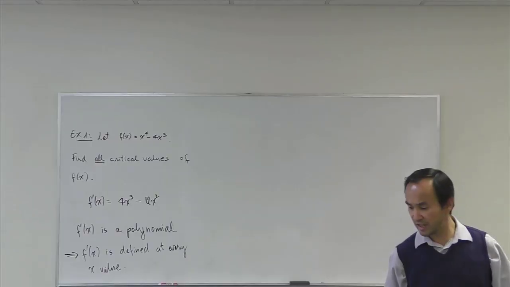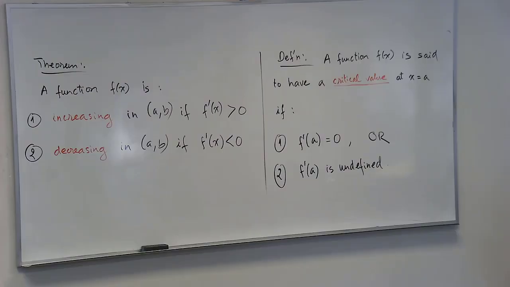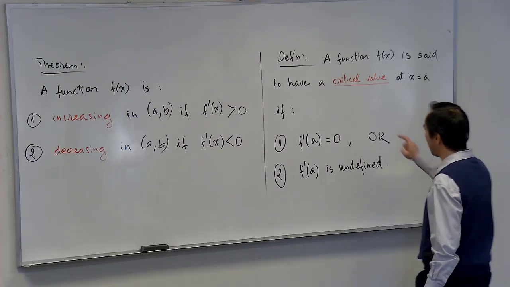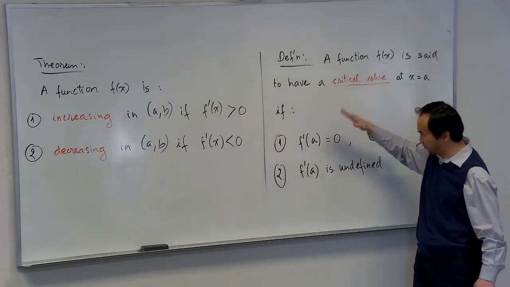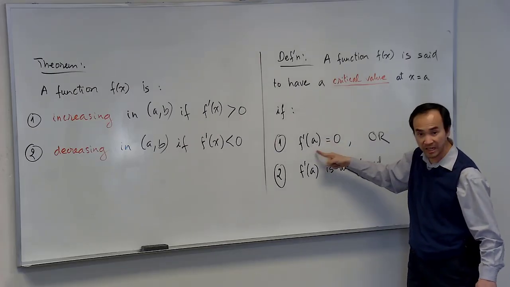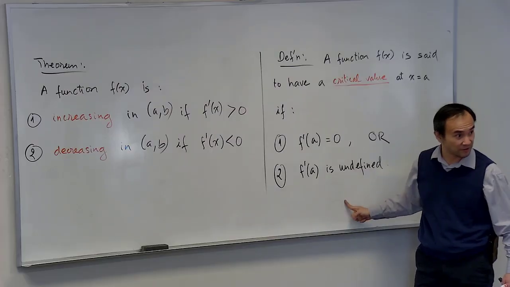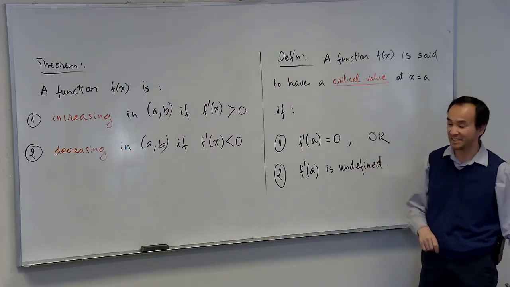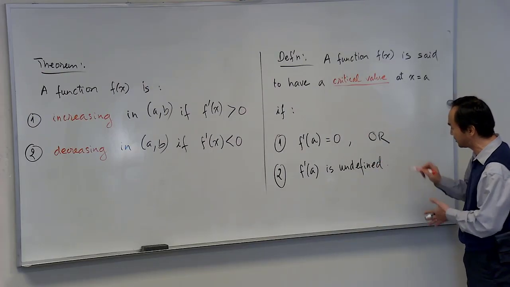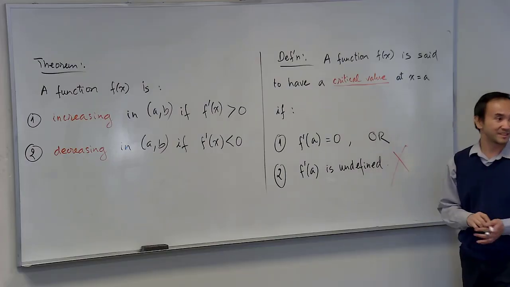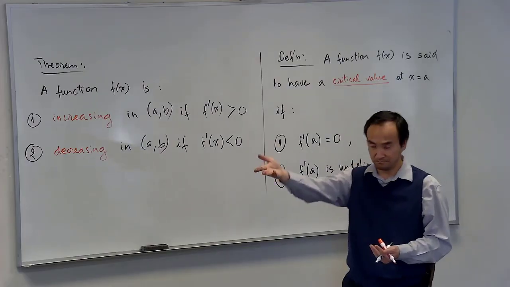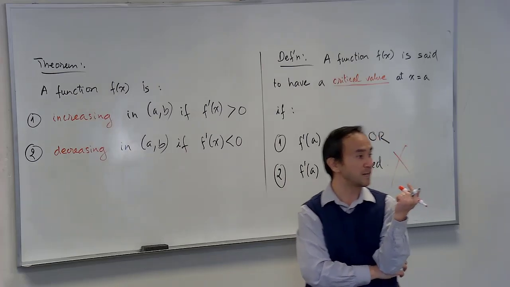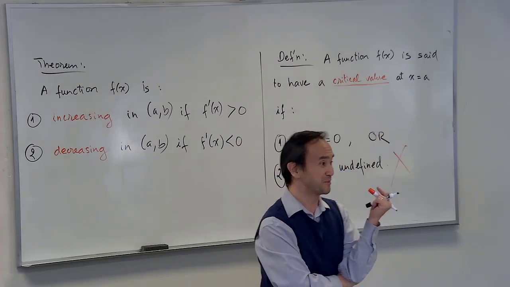The statement just now guarantees that, in order to detect a critical value, once again, we rely on f prime of a equals 0 or f prime of a is undefined. But with that statement, I ruled out this possibility. Our f prime here is a polynomial function, so there's no way that it's going to be undefined anywhere. See what I'm saying now?